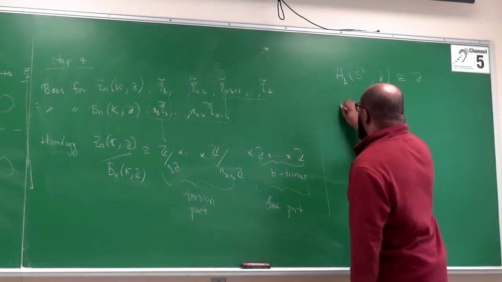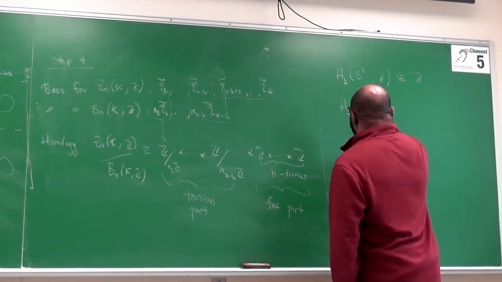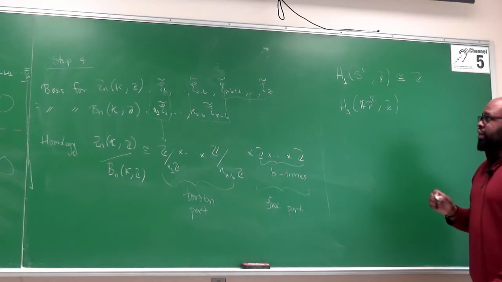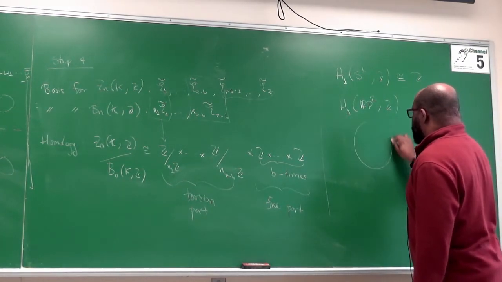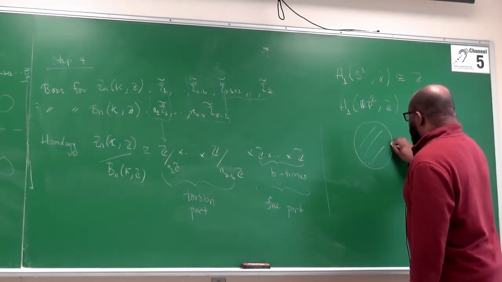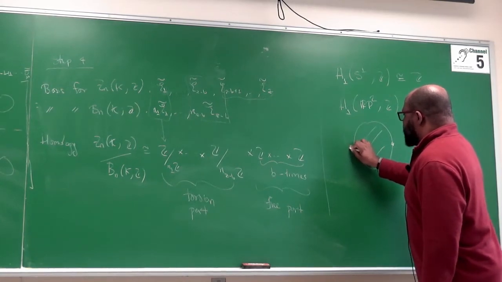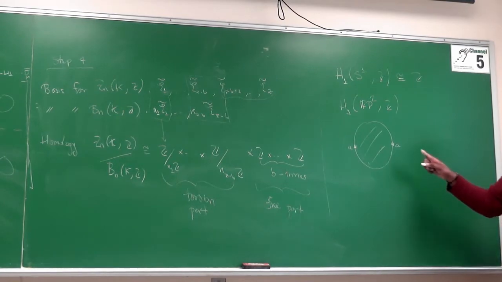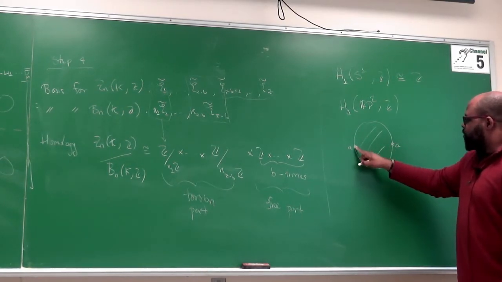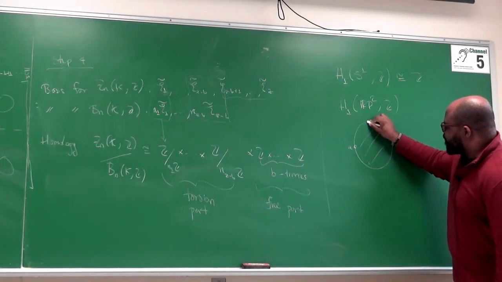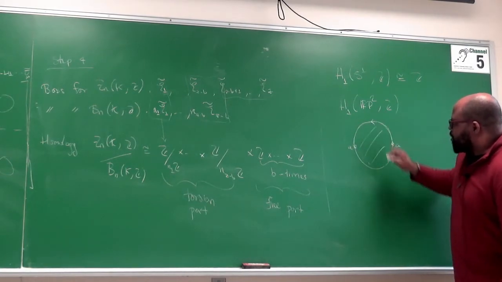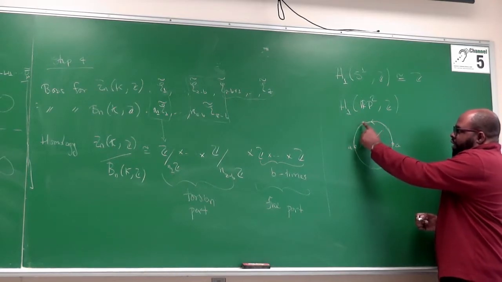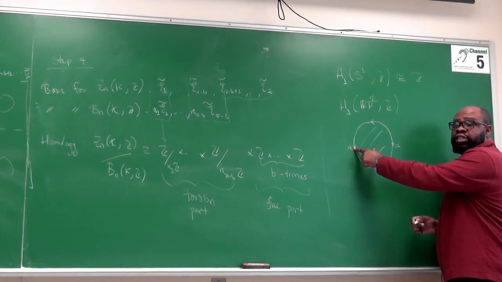If you compute H1 of RP2, we did this last time, right? So what does this look like? This looks like a disk with boundary points identified, correct? If you go from A to A following this curve, this gives you a loop because you start at A and end at A. So this is an actual cycle.